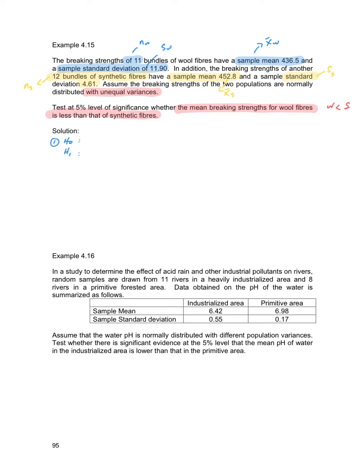So we can write mu W minus mu S equals 0, or mu W equals mu S, versus mu wool minus mu synthetic less than 0, or mu wool fiber less than mu synthetic. You can choose either way, like this or like this.